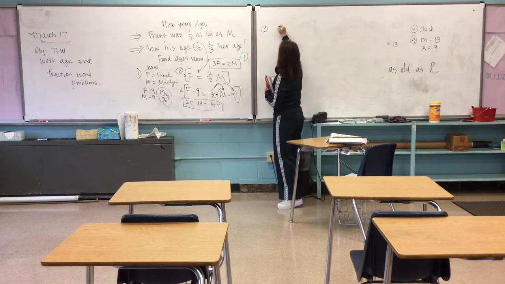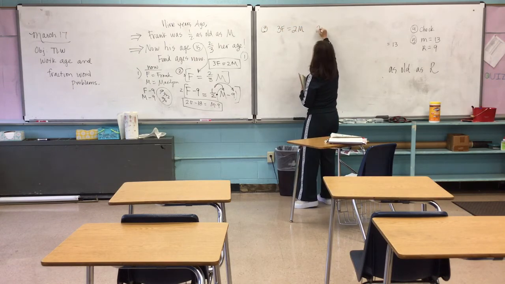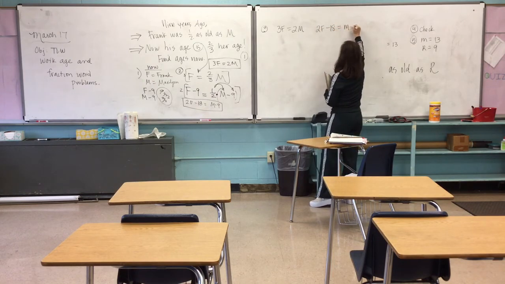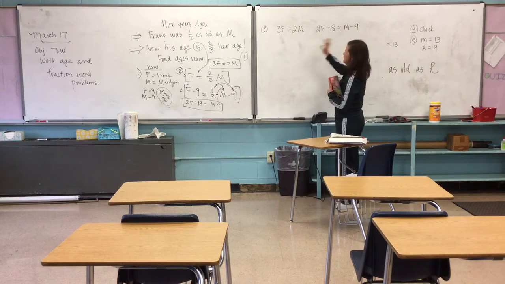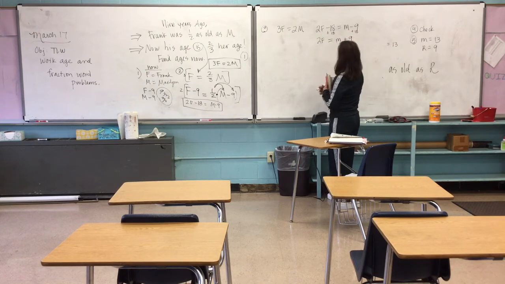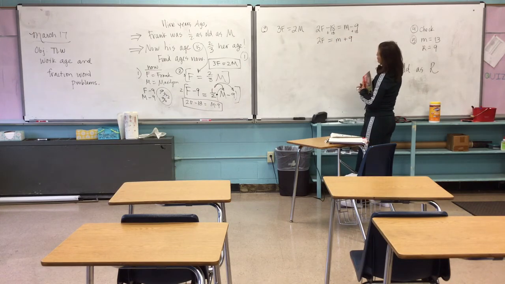Okay, step 3, I'm going to take 3f equals 2m and 2f minus 18 equals m minus 9. I'm going to clean this up. It's kind of funky. So if I add 18 to both sides, 2f equals m plus 9. A little bit better.